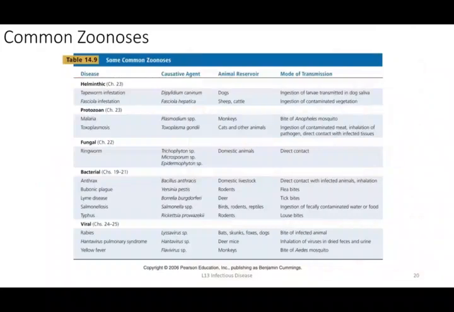There's a lot of information on this slide, but again, not to memorize, just to illustrate certain points. So again, what the heck is a zoonosis or zoonotic disease? It's just going to be a disease with an animal reservoir. Okay, so that's what we want to know.